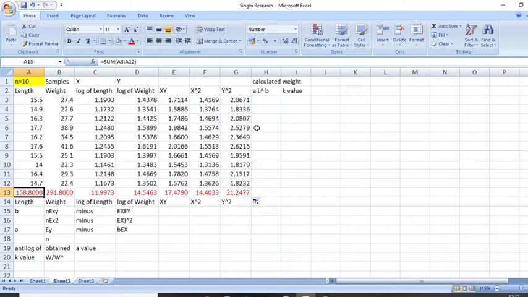Now, as we said, the length weight relationship will be given in the form of W is equal to aL power b.